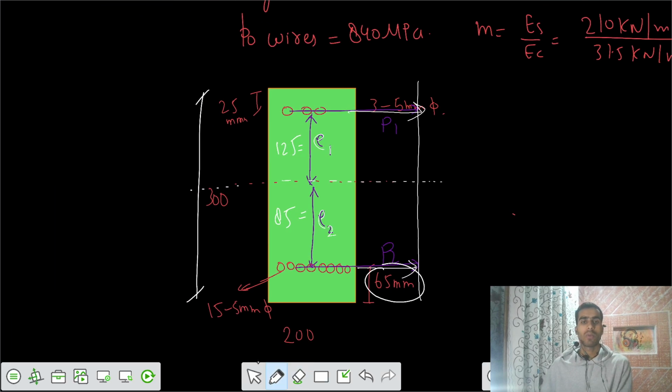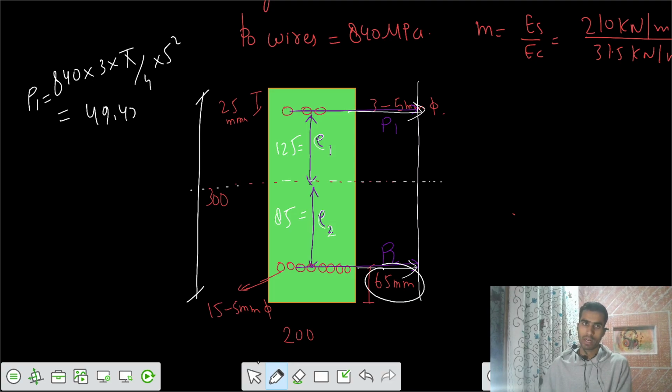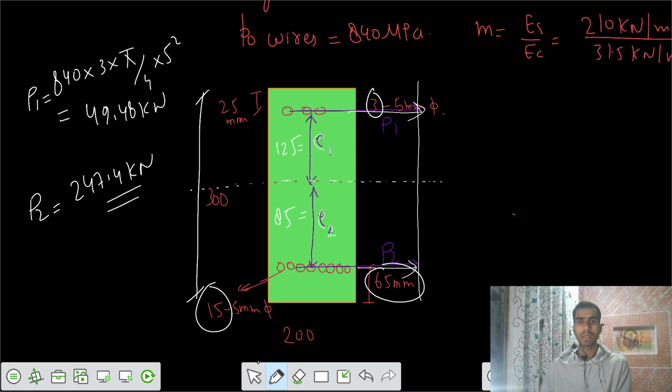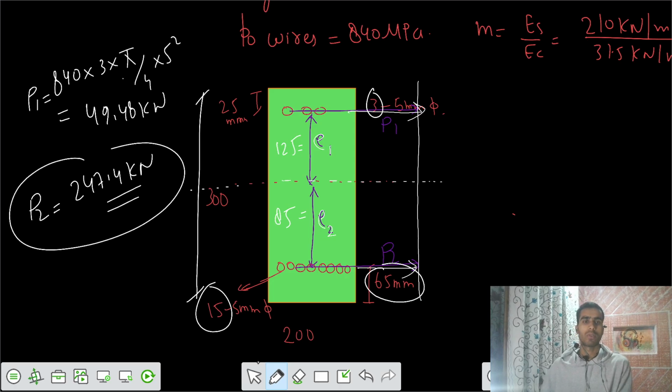P1 can be solved as the stress in the wires, 840, times 3 number of bars of area pi by 4 into 5 square. That comes to 49.48 kilonewton. And similarly, your P2 force can be solved. That comes out to be 247.4 kilonewton for 15 number of bars. Okay, 247.4, 49.48, P1, P2.